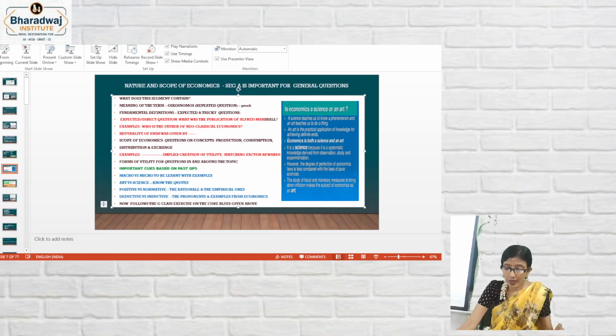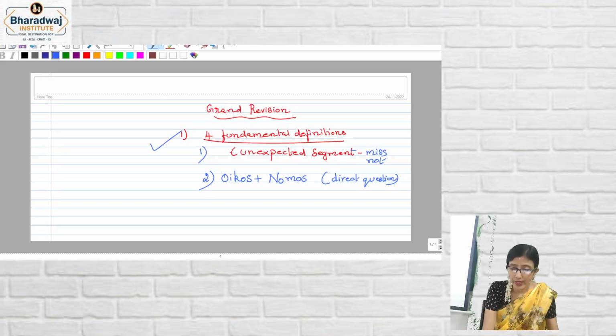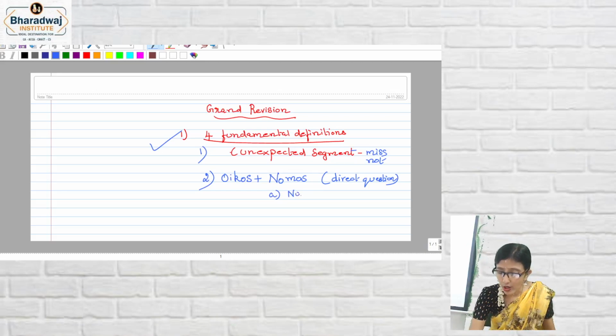Please remember, please note it down, my dear students. You have to know the name of the economist. Take it down, and where you can miss is the name of the economist. Second one is the name of the definition, and what definition they have given.